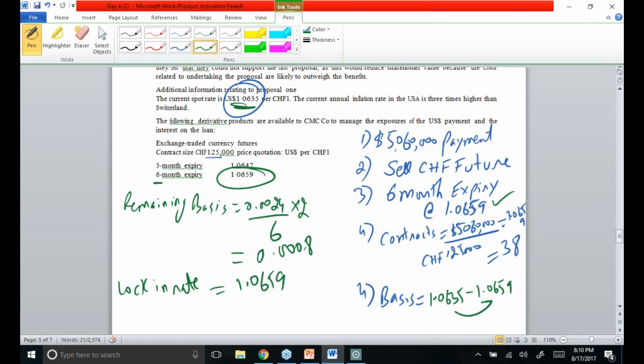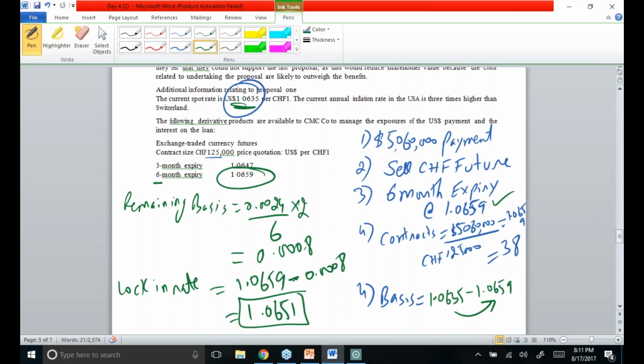As the trend is increasing, you will do the opposite of the trend, deduct it from the opening future, so your lock-in rate will be 1.0651. That's how you're going to solve the future contract.